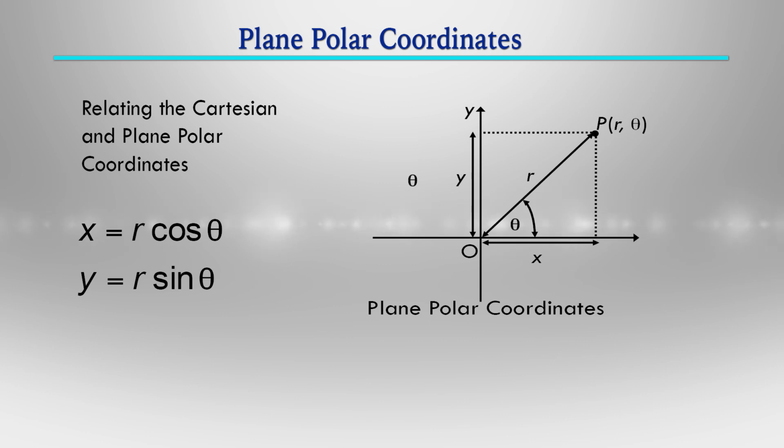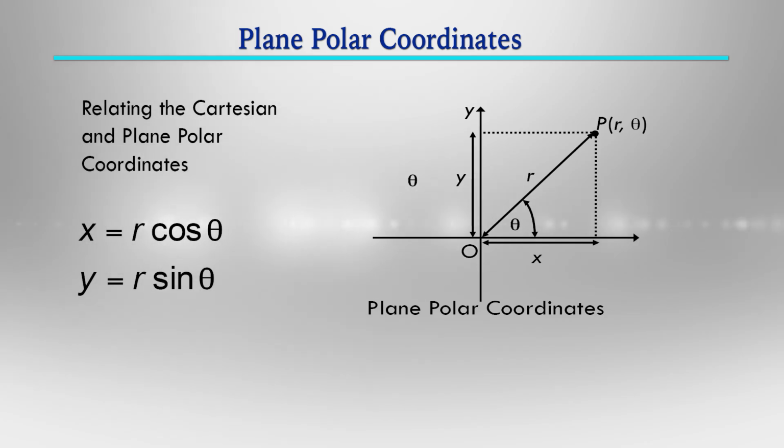Now, how do you relate the Cartesian and the plane polar coordinates? Let us look at the figure clearly. OP is r. If you drop a perpendicular to the x-axis, this distance is defined by x. If you drop a perpendicular to the y-axis, this distance is y, and the angle that OP makes with the x-axis is theta.